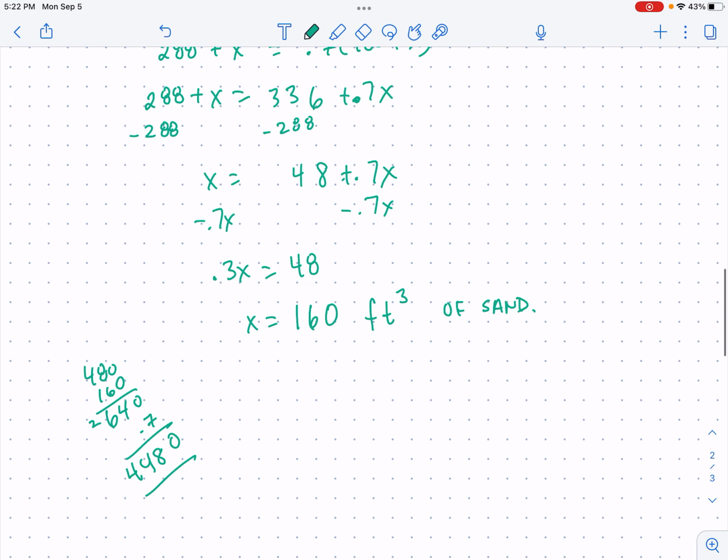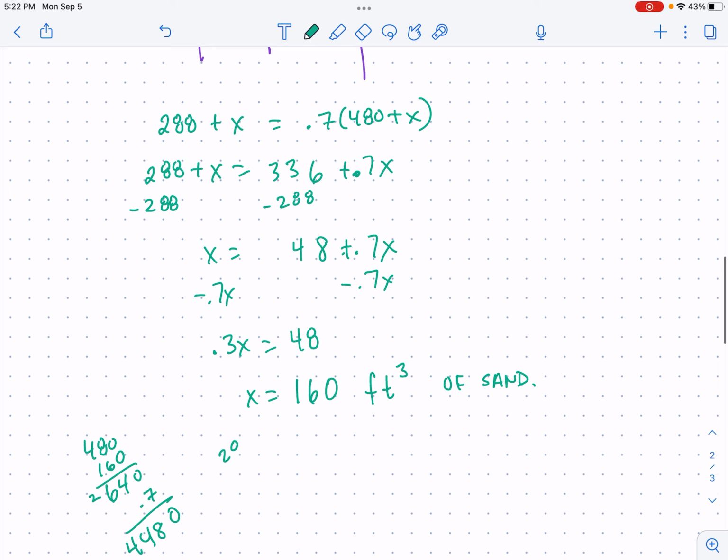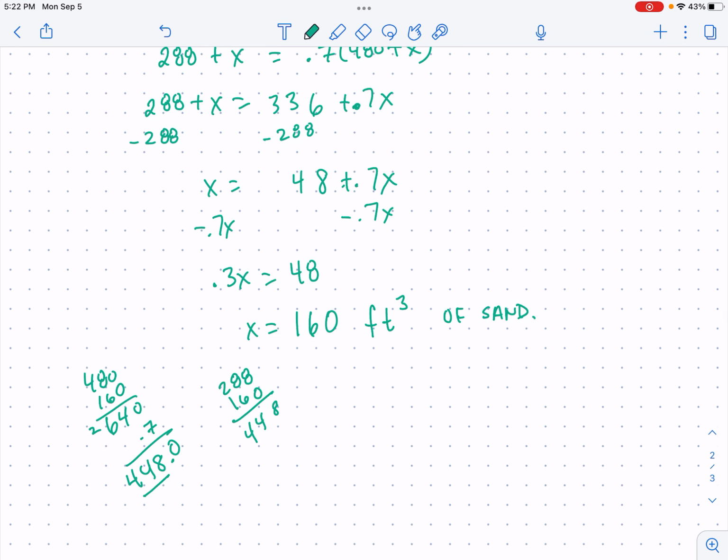Oh, yes it is. Because we started with 288 cubic feet of sand and we add 160, and add those together, and we also get 448. So the amounts of sand end up equaling each other. That's just a quick check.